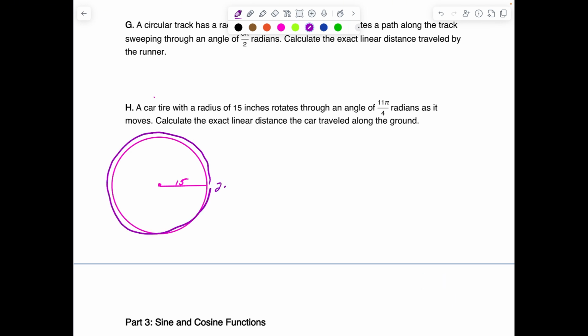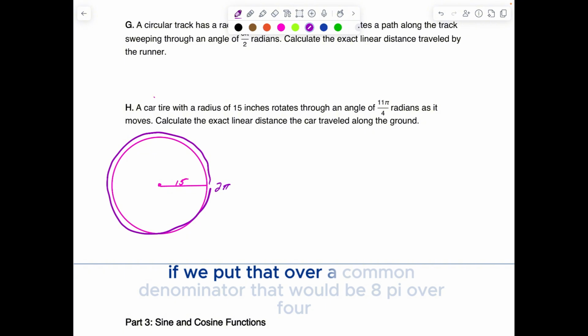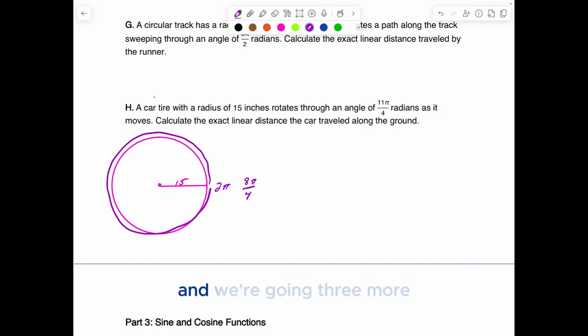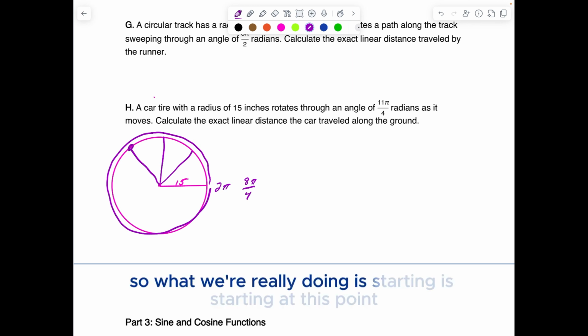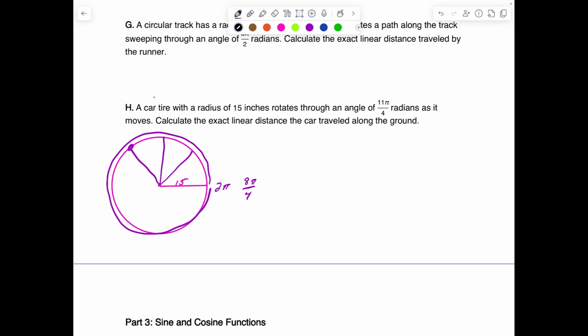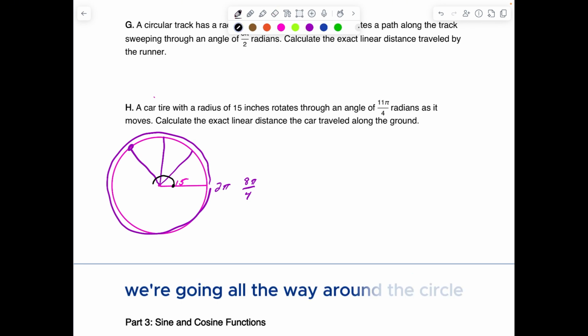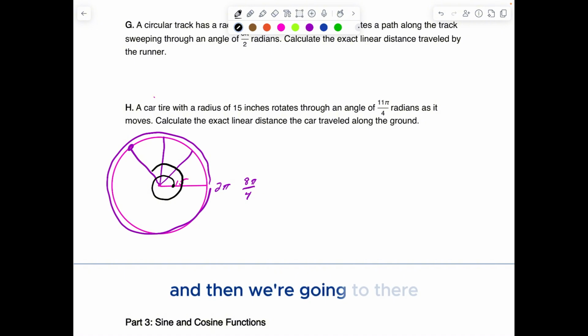If we put that over a common denominator, that would be 8 pi over 4. And we're going 3 pi over 4 more. So 1, 2, 3, we're going to right here on the circle. So what we're really doing is starting at this point, going all the way around the circle, and then going to there.